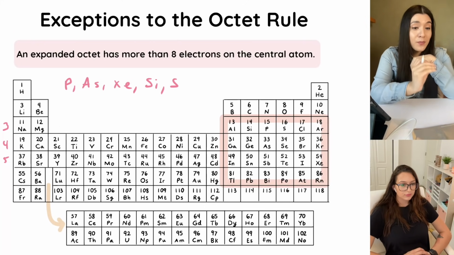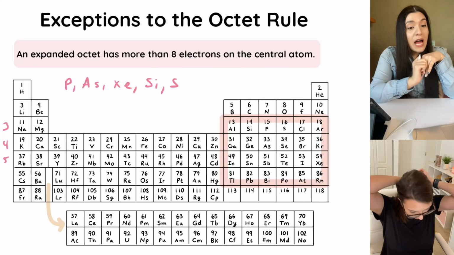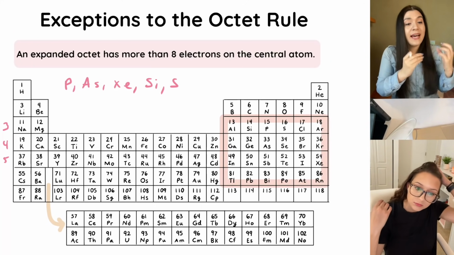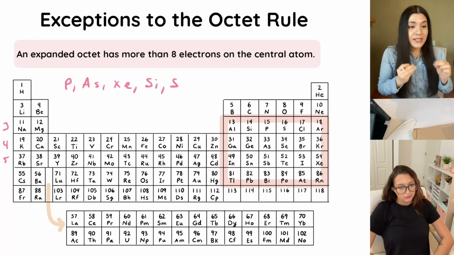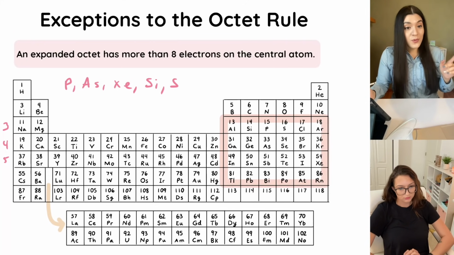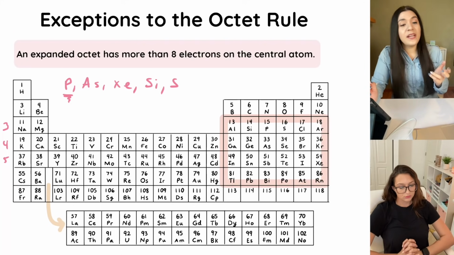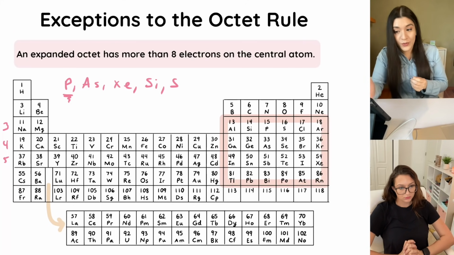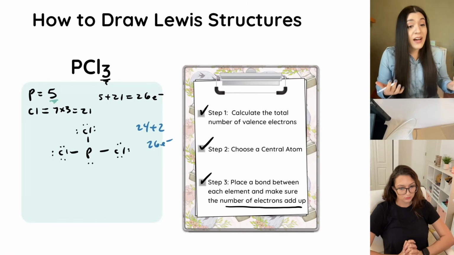Now, I want to make a point here. These all have the possibility or potential to form an expanded octet. It doesn't mean that every single time they will. I'm going to highlight back to one of the ones we just did. Phosphorus has the potential to form an expanded octet if it needs to. But as we saw previously with this example, it didn't have to, right?